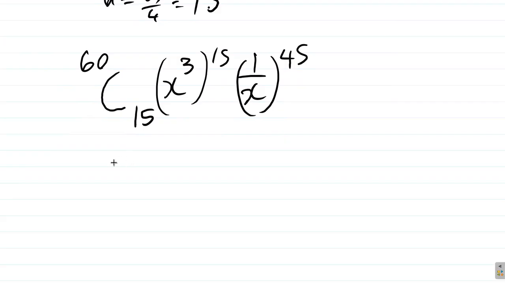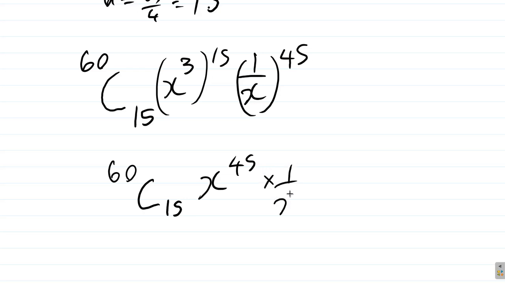We could rewrite it and simplify it a bit. It is 60 combination 15, x to the 15 times 3 is 45, x to the 45 times 1 over x to the 45. So you can see what would happen. 60 combination 15, and then x to the 45 over x to the 45 is x to the 0.